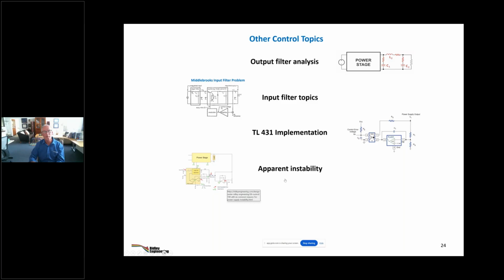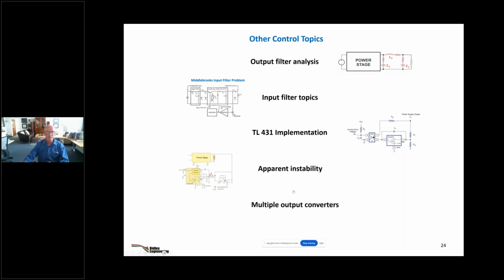Very often we will spend a day or two cleaning it up before we can even measure that loop. So the apparent instability will look like an oscillation. It will look like subharmonic oscillation, but it's not. It's something else. So I do suggest you read that because everybody deals with that kind of issue.